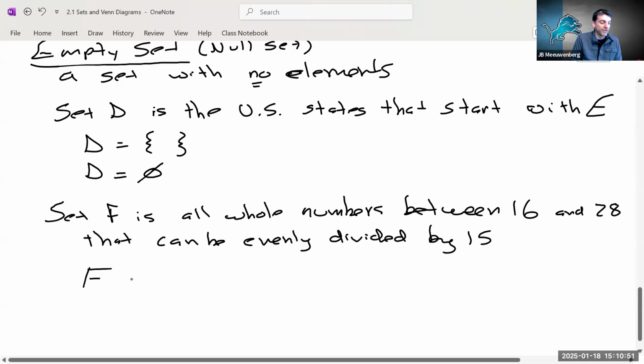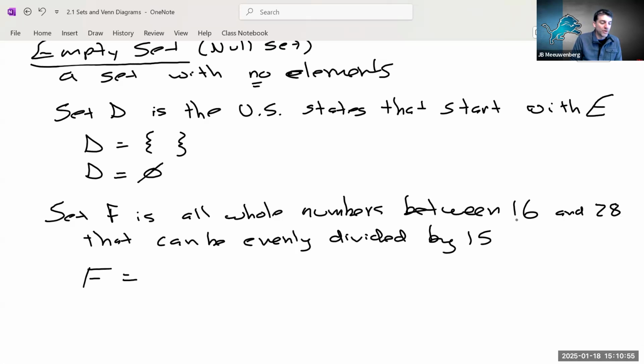So list all of the whole numbers that are between 16 and 28, but they can be evenly divided by 15. That means they're a multiple of 15. Well, the numbers that are multiples of 15 would be 15, 30, 45. There are none that are between 16 and 28. So we would say F is the empty set, okay?